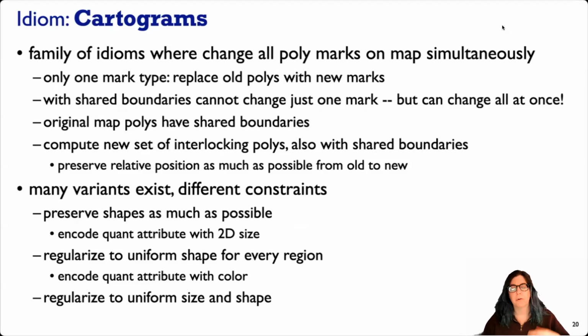In some cases, you want to preserve the shape as much as possible, so you would take a quantitative attribute and actually size code, but preserve the shape. Or maybe we try to regularize so that everything's actually the same shape for every region, and then we color code like a choropleth. Or maybe we regularize both size and shape. So let's look at some examples.